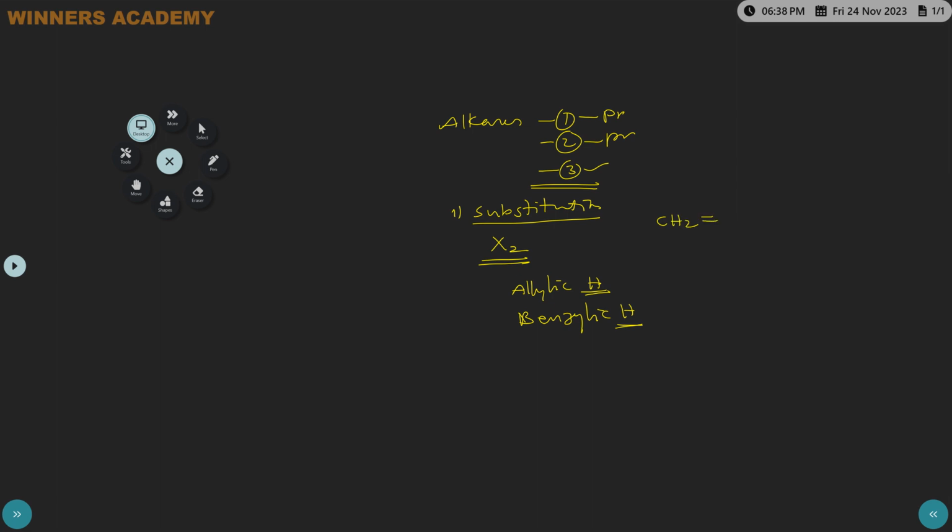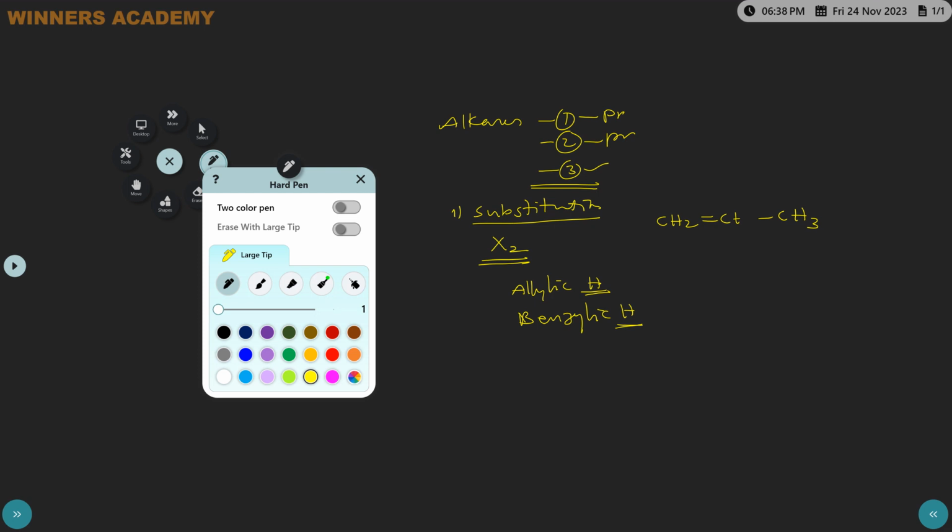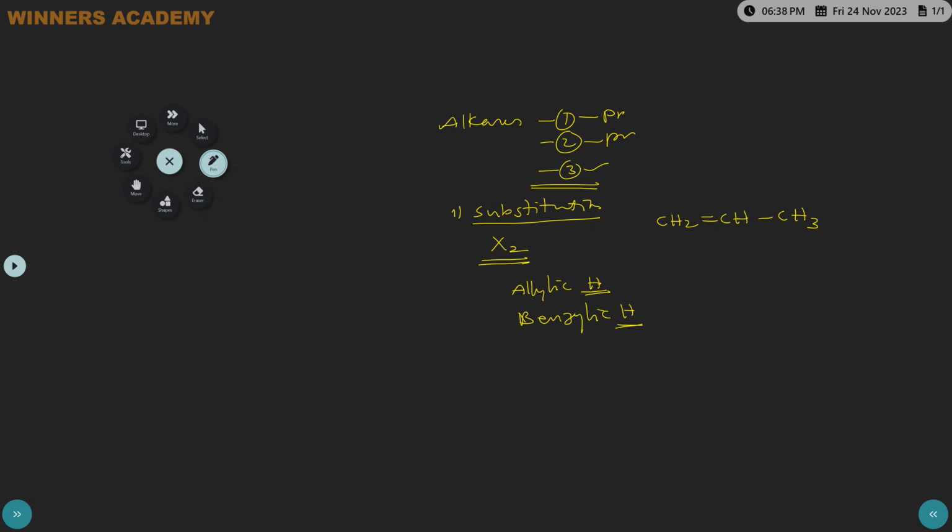Suppose CH2=CH-CH3. See, this is an sp2 carbon, the carbon bonded with a double bond is called sp2. This is also sp2. This is an sp3 hybridized carbon.